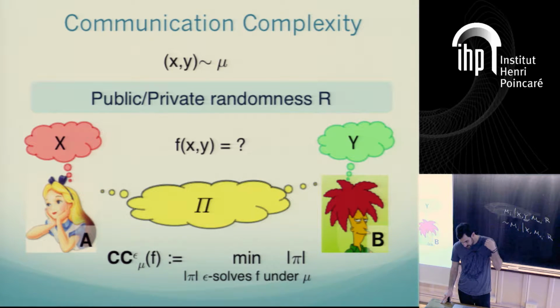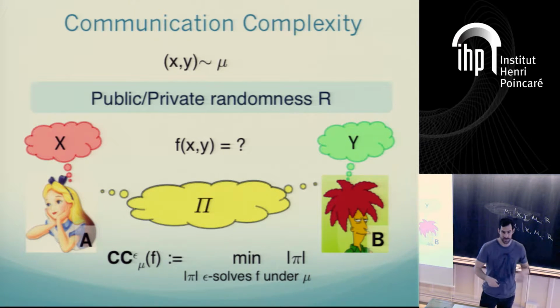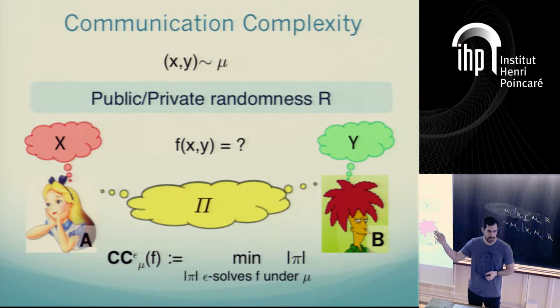The way I like to see it is that the protocol starts, the first message that Alice sends to Bob is just, she draws some random coins using her private randomness, and she sends it to Bob. This may cost a lot of communication, but for information purposes, this will reveal nothing about the input, and therefore you can treat the public randomness as the first message of the protocol. And then you don't need to talk about public randomness. There is only private randomness, but that's completely fine, since public randomness will not be an important resource throughout the entire talk.